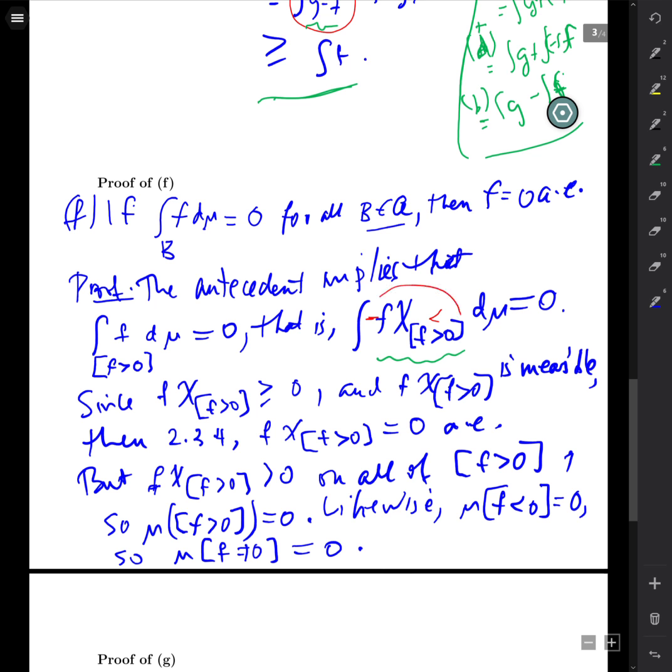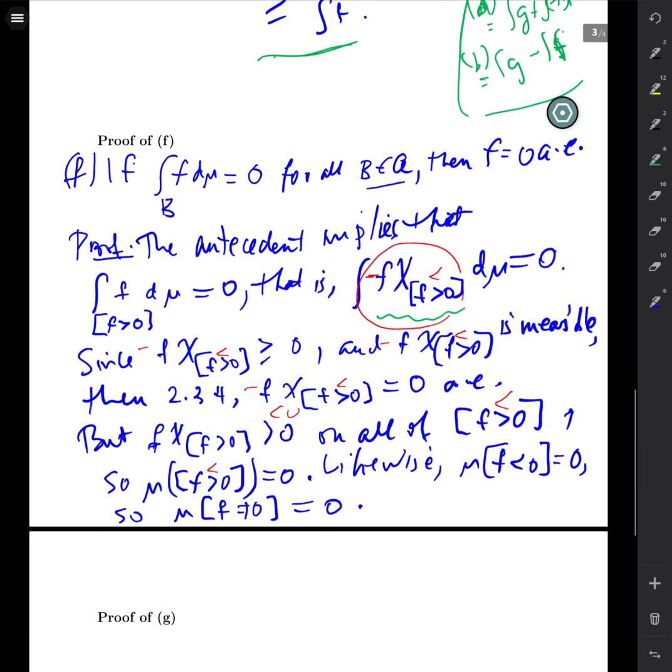This right here, it's actually a negative function on that set, but it's non-negative measurable on the whole set, and so the same result would imply that minus f with that reversed is 0, is greater than or equal to 0. Minus f with that reversed is also measurable. It has to be 0 almost everywhere, but it's negative on all of that set, so the measure of the set where f is less than 0 has to be 0 as well.